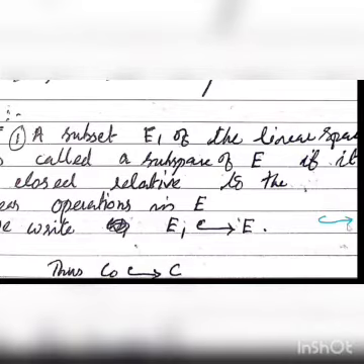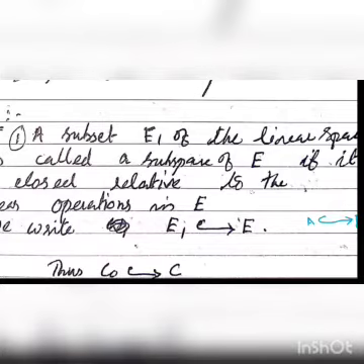In your textbook, if I am having A here and B here, the meaning is A is a subspace of B.